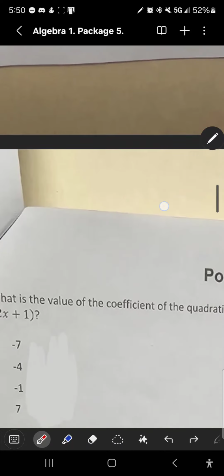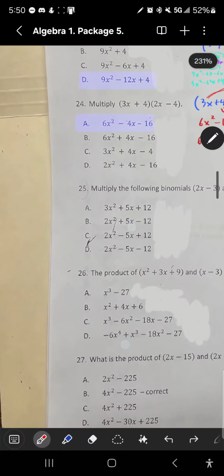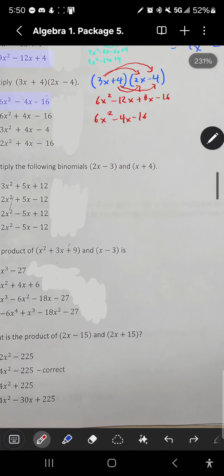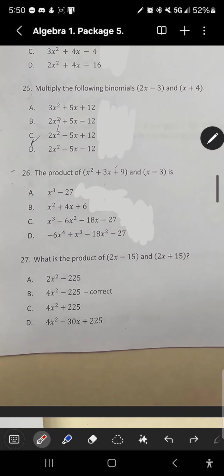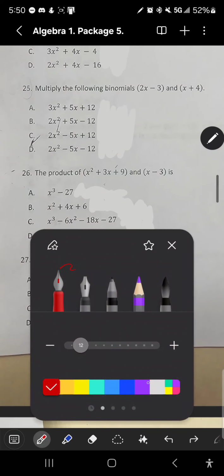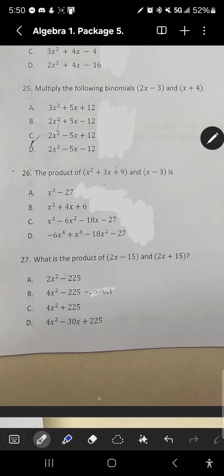Wait, let me check something. Okay, no, I'm going to do all these three because next we have division, so I'm going to start division next week. Oops. Well, you guys saw it, but let me still cover it. Sorry about that.